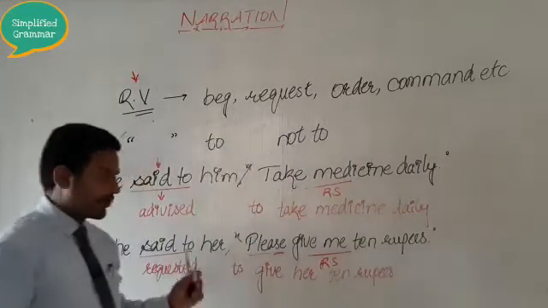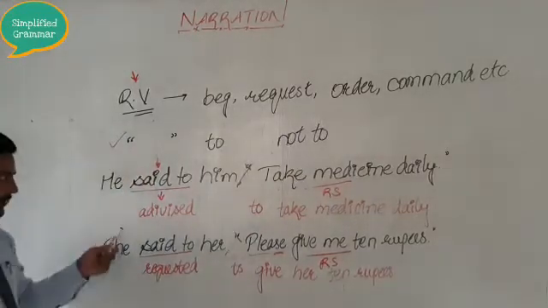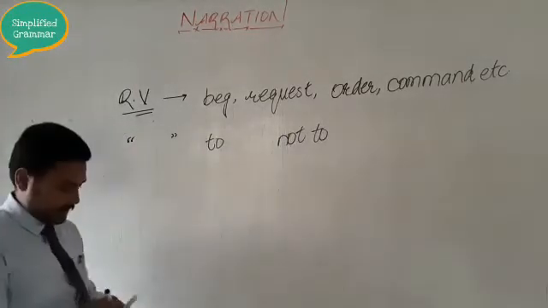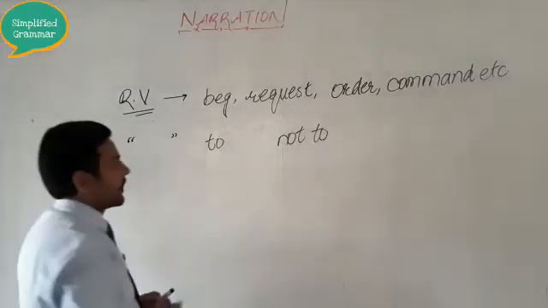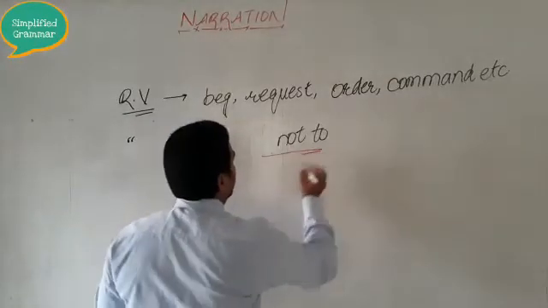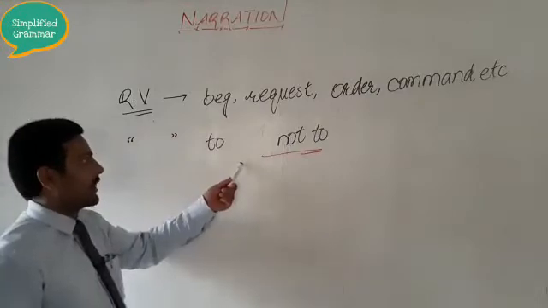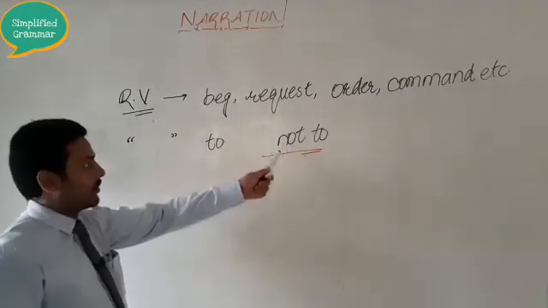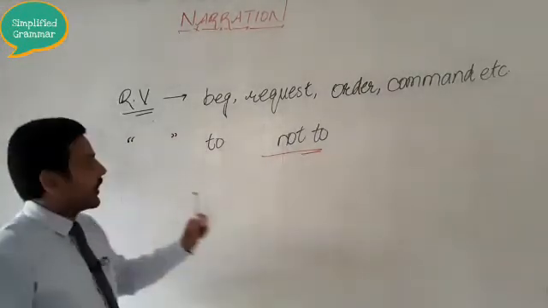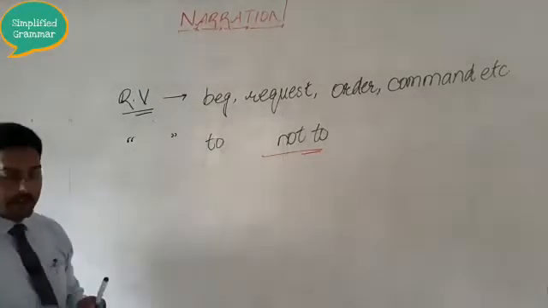So I hope you understood these two steps with the help of these two examples. Now let us take one example of negative imperative. In case of negative imperative, you need to use not to when you remove the double inverted commas.